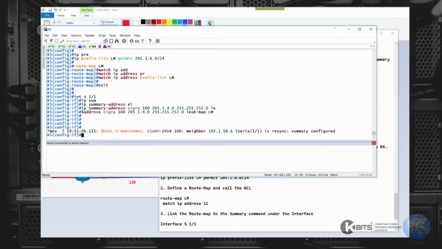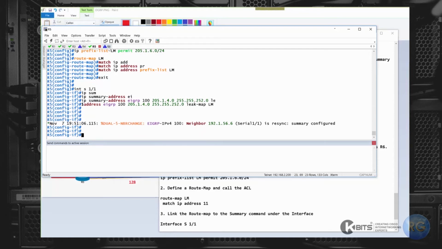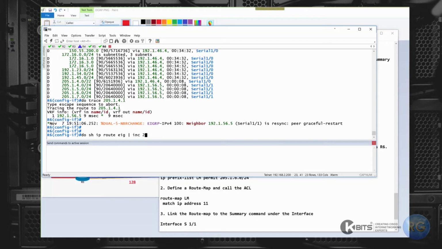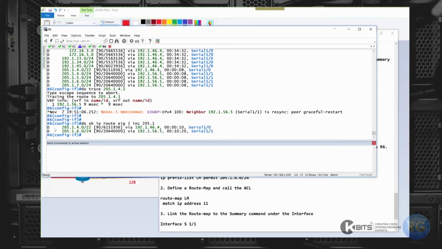It should resync. And now if I go to R6, show ip route eigrp | include 205, you will see that I'm getting the summary route, but it's coming in on 46.6, and I'm getting a specific route, the 6th one, the one that I leaked out, on 56.5. Cool?